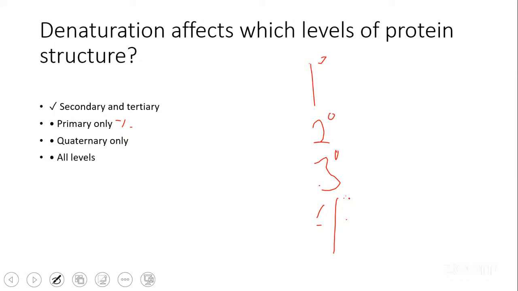Option C is quaternary only. That makes it wrong because both secondary and tertiary can also be denatured. All levels is also wrong, because that would include primary structure. So the answer here is A, secondary and tertiary structure.